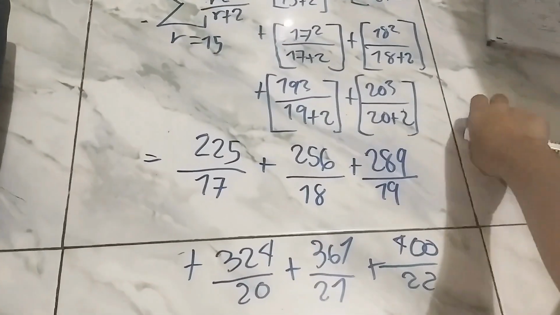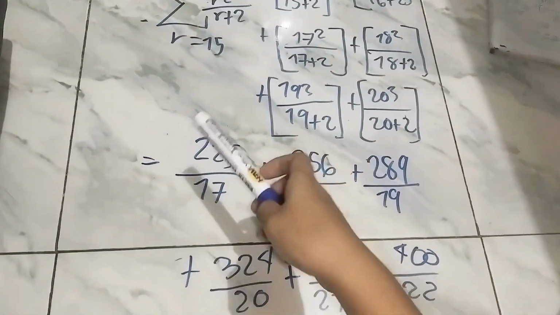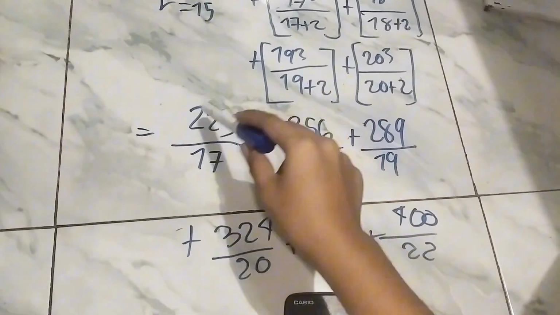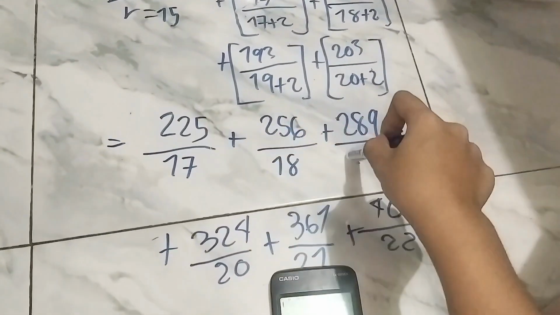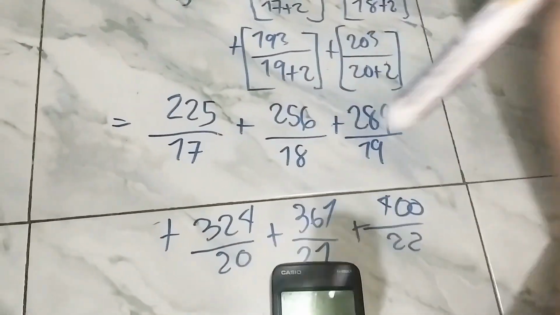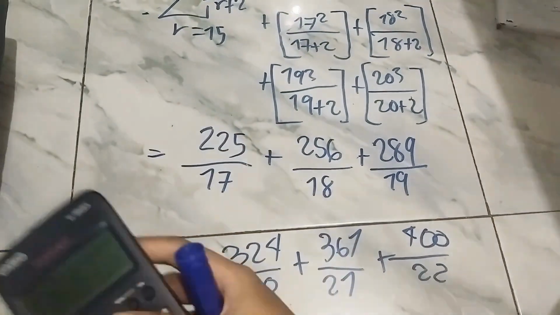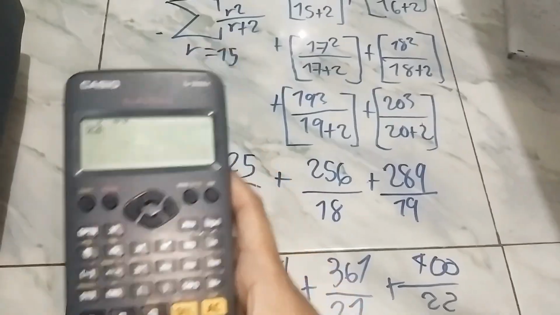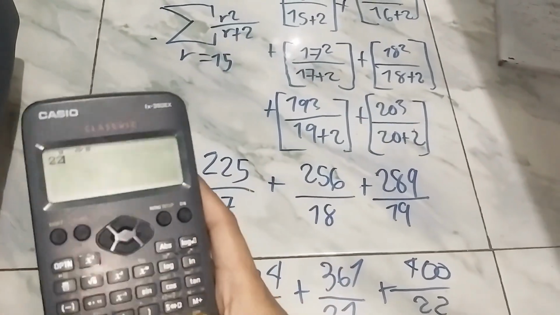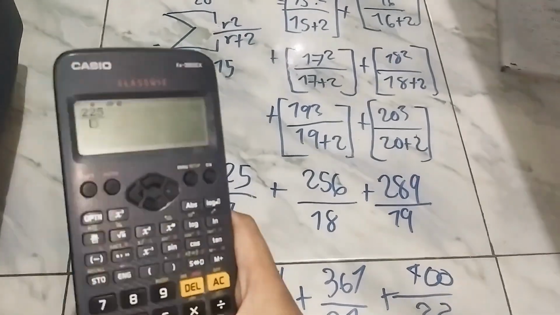So what we need to do next is eliminate the fraction form. We have to, of course, divide 225 by 17, and 256 by 18, and so on and so on. So to be quick, if you have a calculator with you, you can just divide and add them.